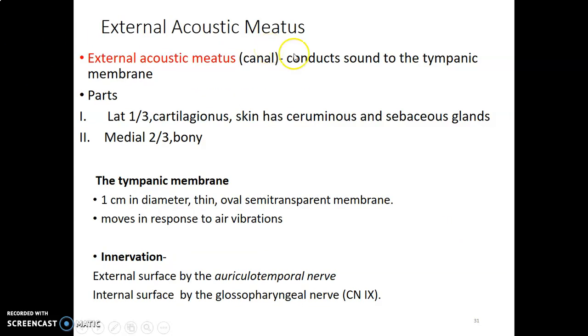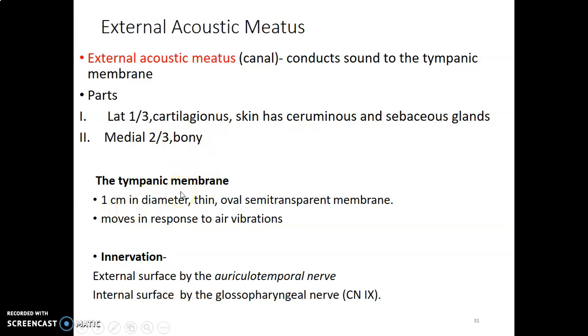The external acoustic meatus usually conducts sound to the tympanic membrane. So it's just a canal. It has two parts. The lateral third is cartilaginous, and it has skin which contains ceruminous glands that produce wax and sebaceous glands. Then the medial two-thirds of the external acoustic meatus is bony. The tympanic membrane or eardrum is 1 centimeter in diameter.